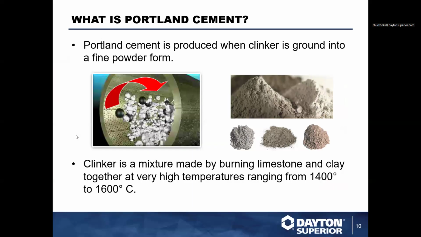Portland cement is typically produced from clinker, which is ground into a fine powder. Now, clinker is a material that's made by burning together limestone and clay together at a very high temperature.